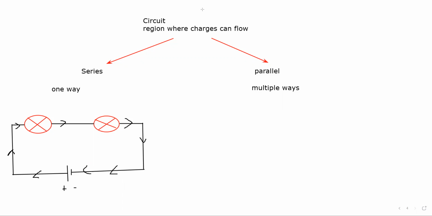And you have another circuit in which the two lamps are connected separately to the supply or the battery.